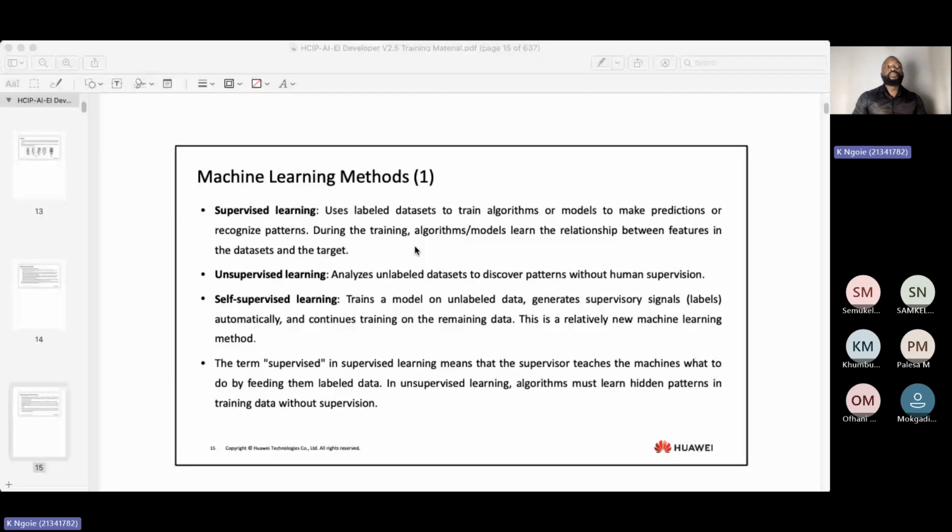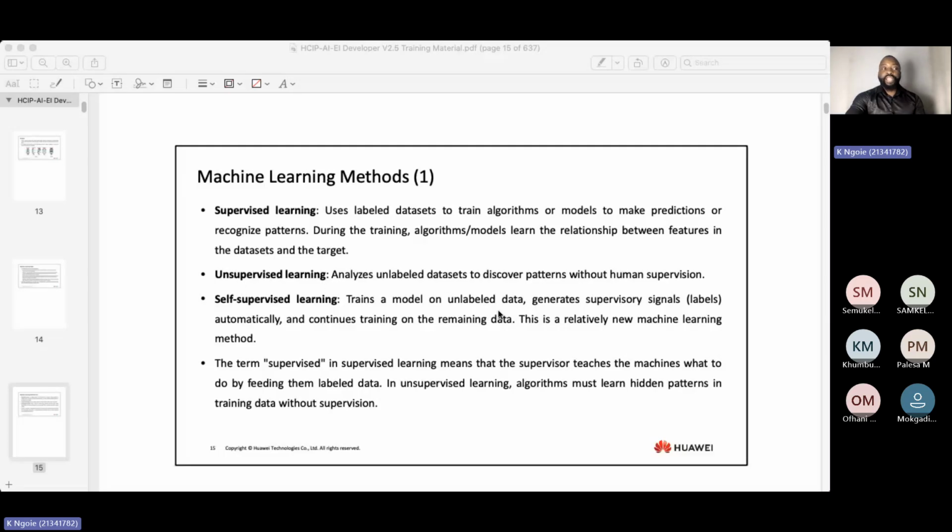But as soon as I remove the label, as soon as I give data to the AI without telling it what the data are, so without human supervision, I am doing it unsupervised. But self-supervised learning means that I am training the model on unlabeled data, like unsupervised.